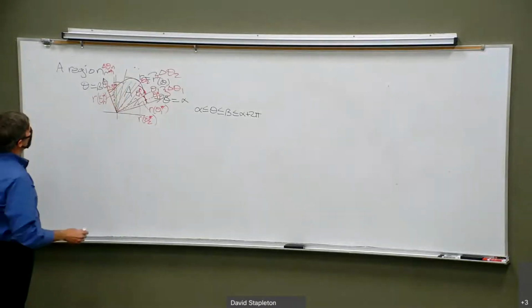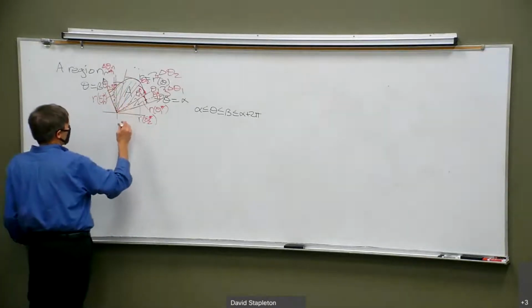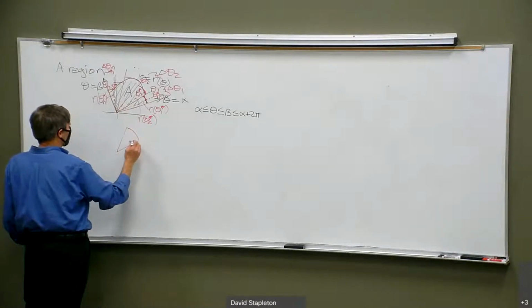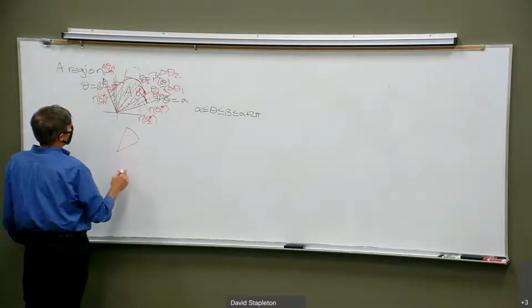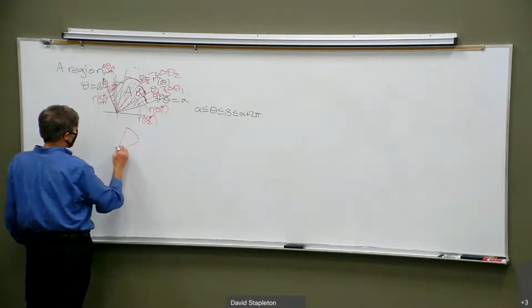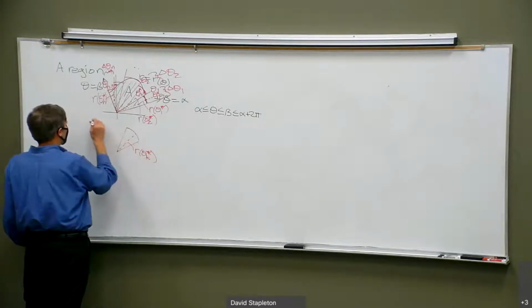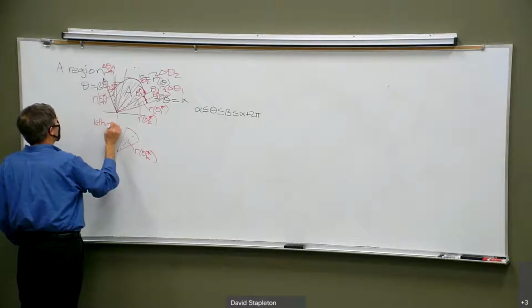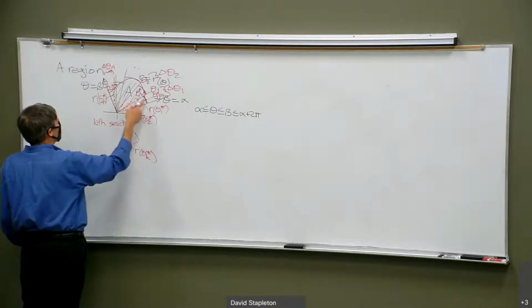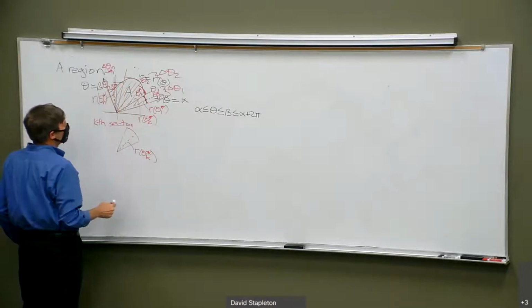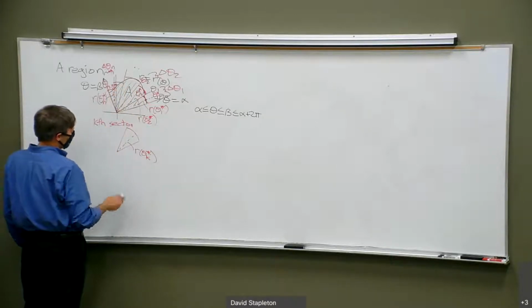And so the area of the kth sector, which has constant radius r of theta k star in the kth sector. And we're adding up all these sector areas to estimate the area A inside this region.